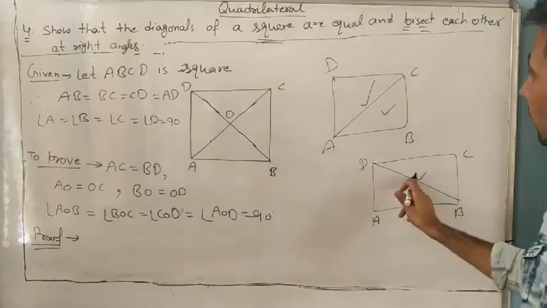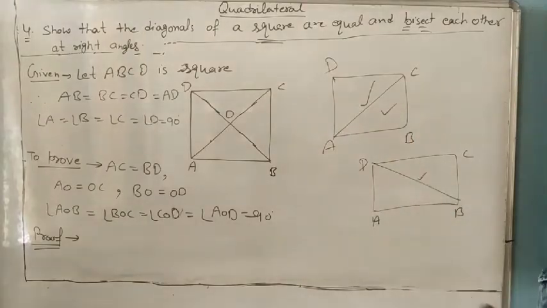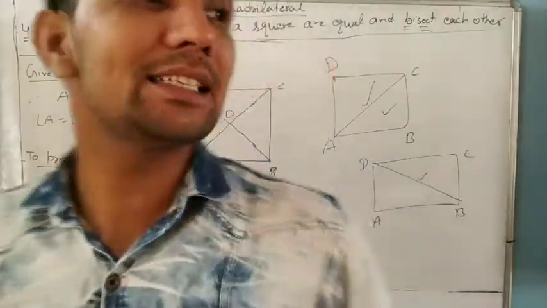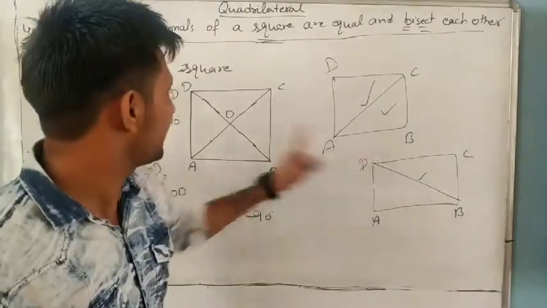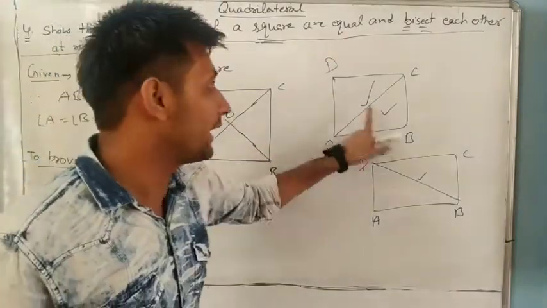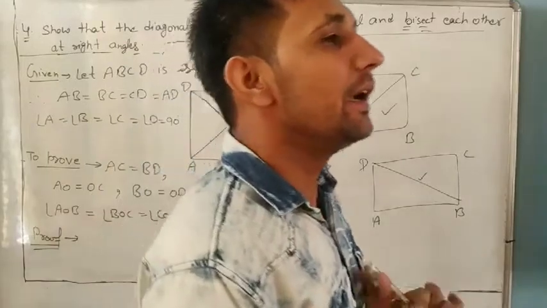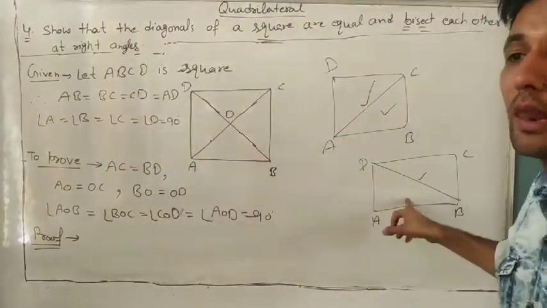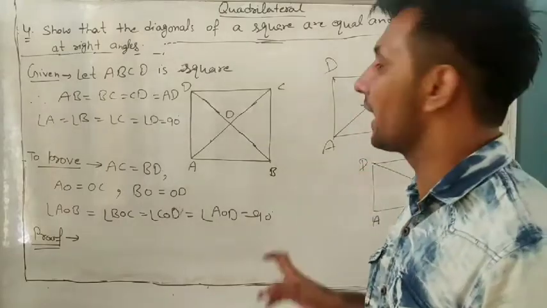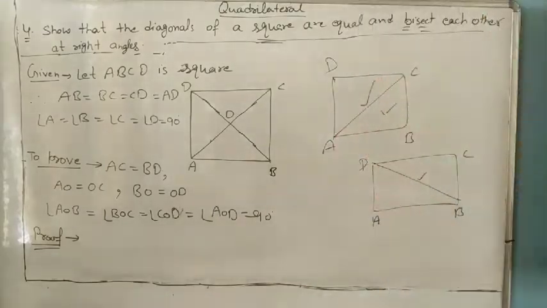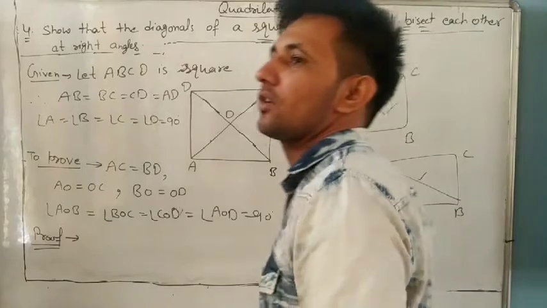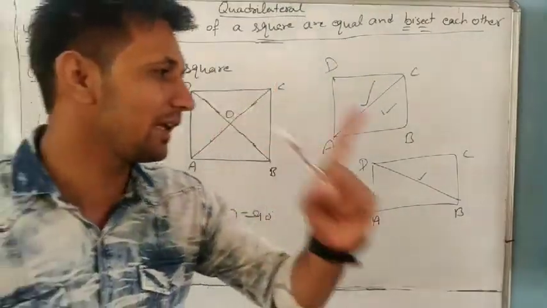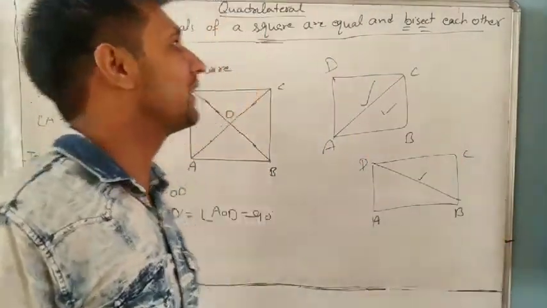And if you want to prove that AC equals BD, we observe that AC and BD are both in different triangles. In what case can you say that both are equal? If we prove that these two triangles are congruent, then we can say that corresponding parts are always equal.